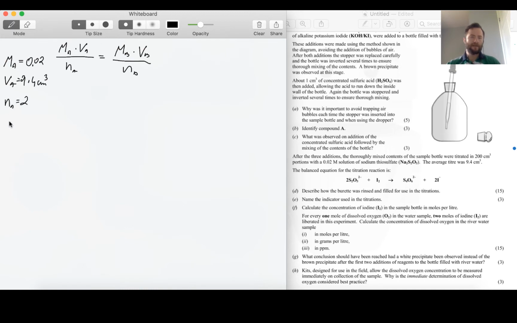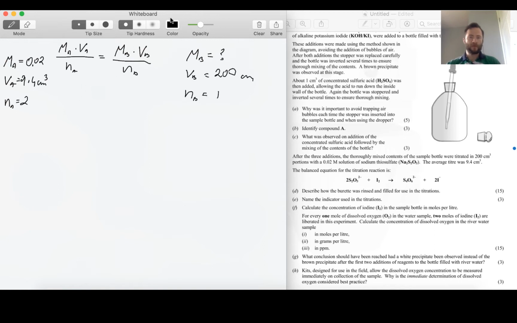And in a similar fashion, I need molarity of the base, which I actually don't know, and this is the thing that I'm going to be trying to find out. I need volume of the base, which is told to be 200 cubic centimeters. And finally, the number of moles of base taking part in this reaction is 1.